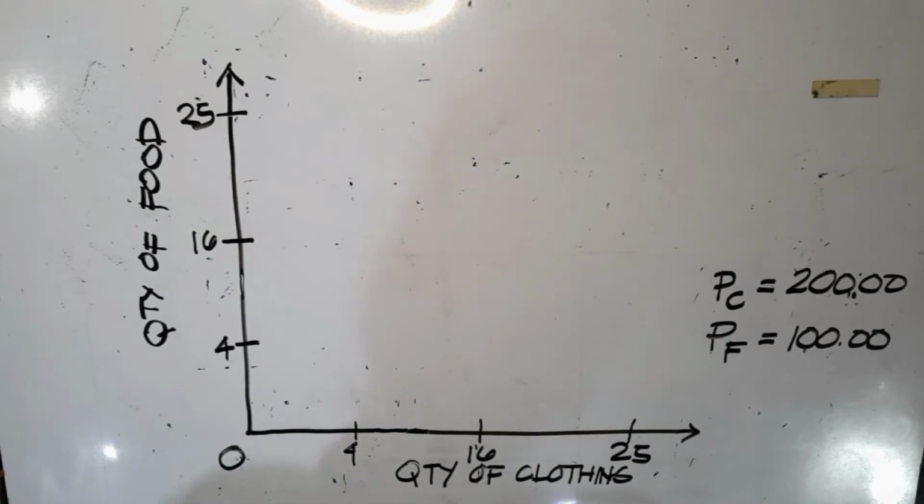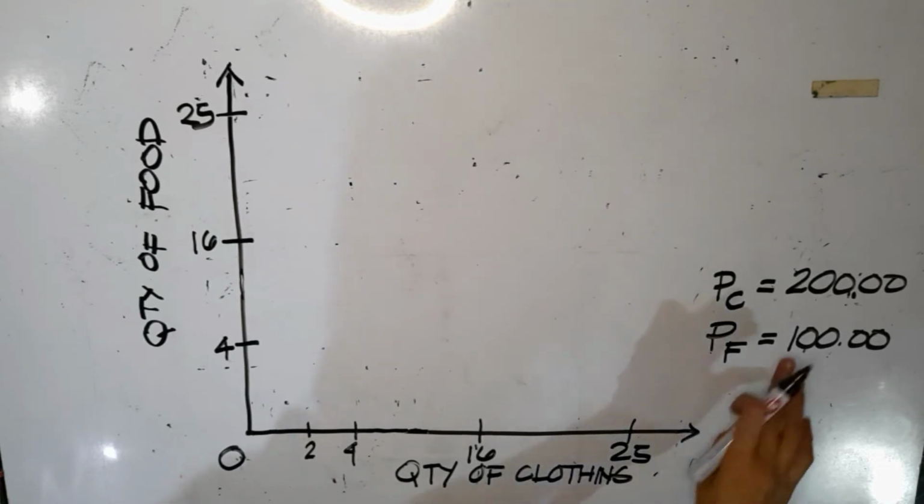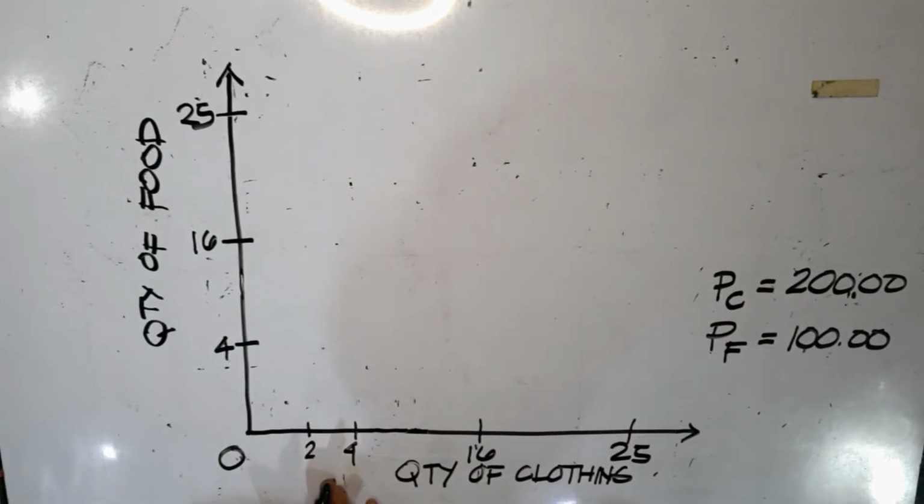Let's say you have bought two clothings at 200 peso. So you have 400.